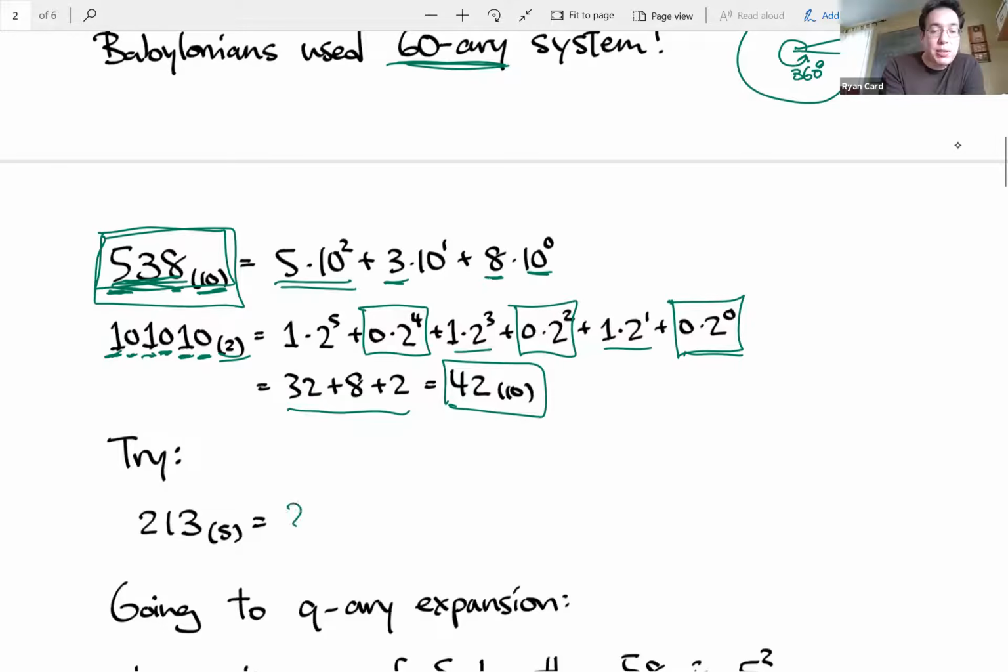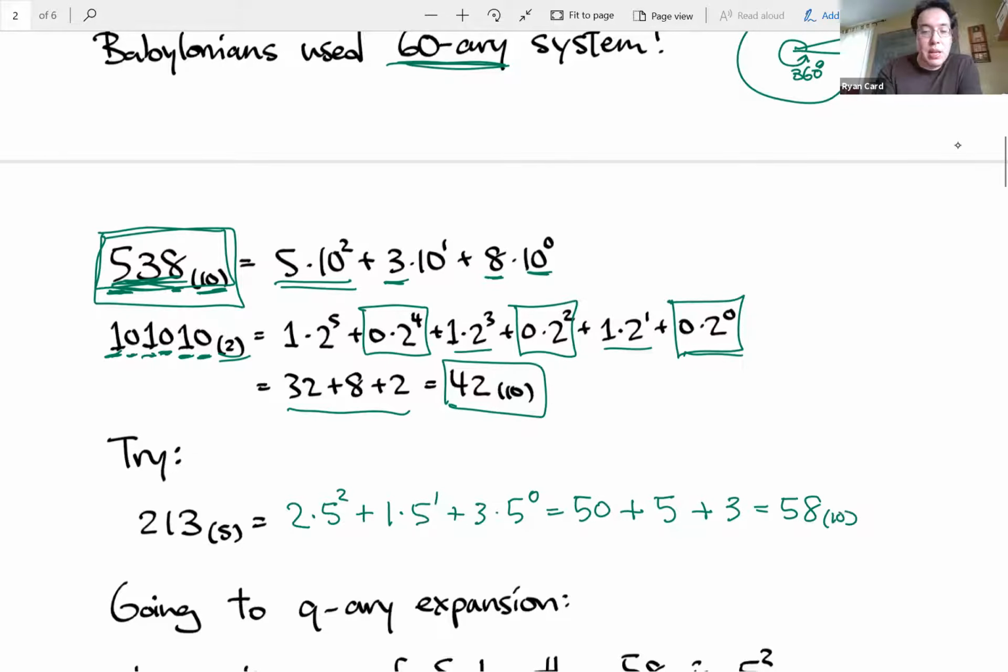So what this is saying is 2 times 5 to the power 2 plus 1 times 5 to the power 1 plus 3 times 5 to the power 0. 5 squared is 25, so 25 times 2 is 50. 1 times 5 is just 5. And 3 times 1 is just 3. So in base 10, that's 58. I hope that made sense.